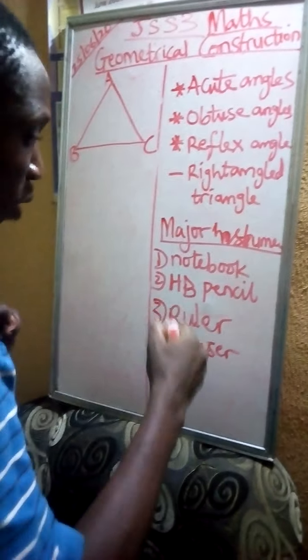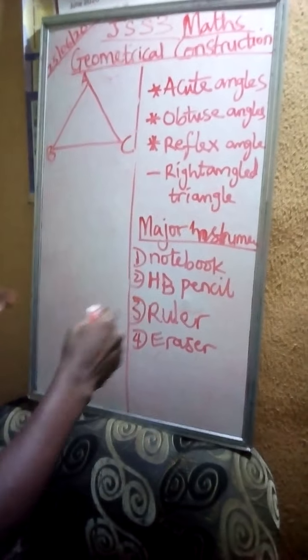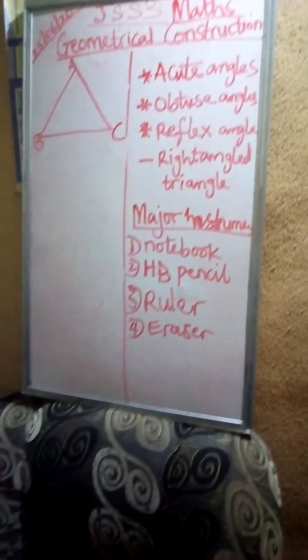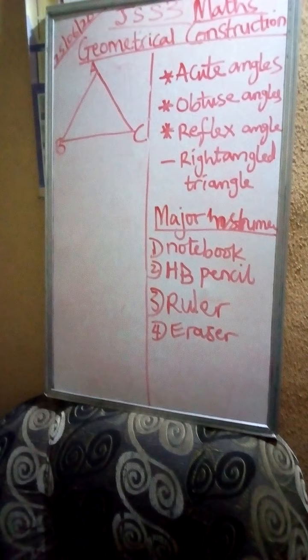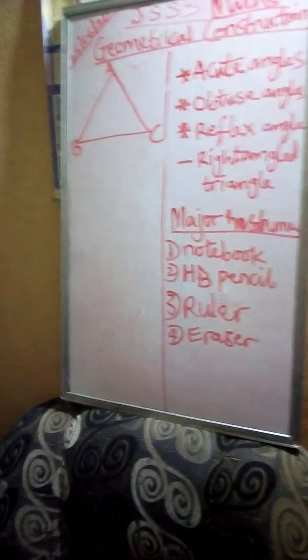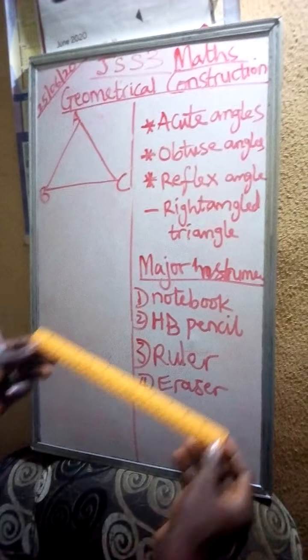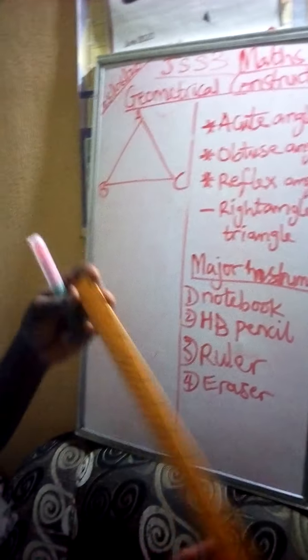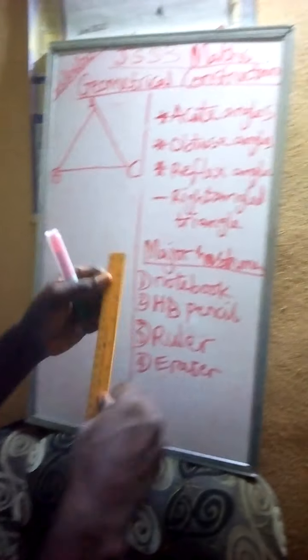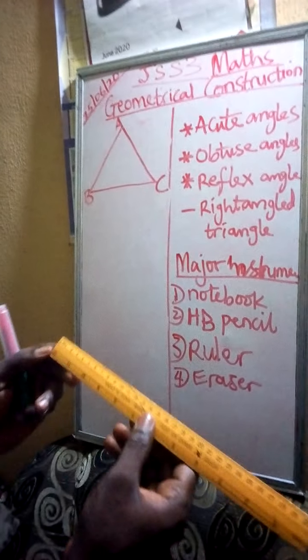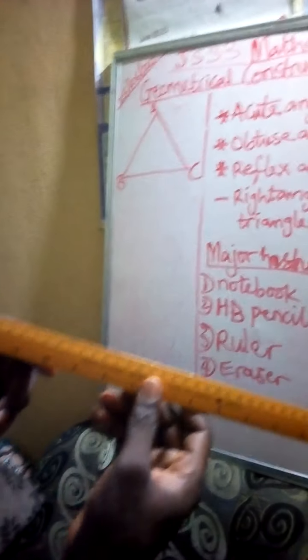That is where you make use of your ruler. You measure. Your ruler starts from 0. We have centimeters and inches, but you are going to use centimeters.